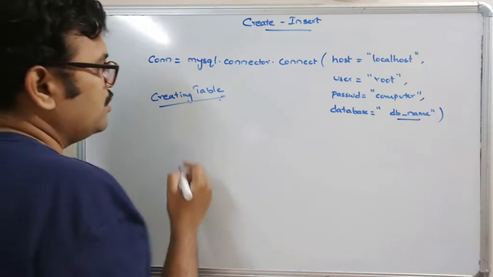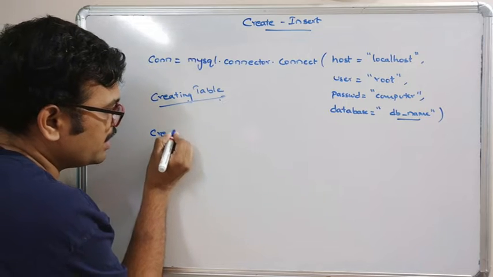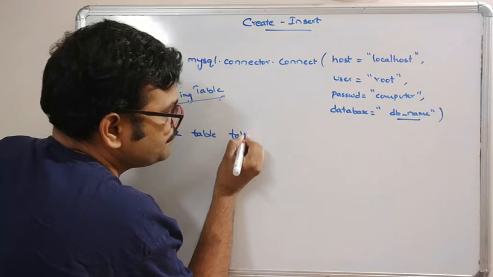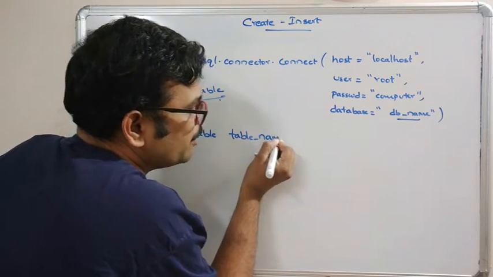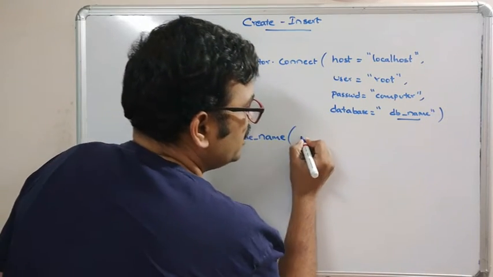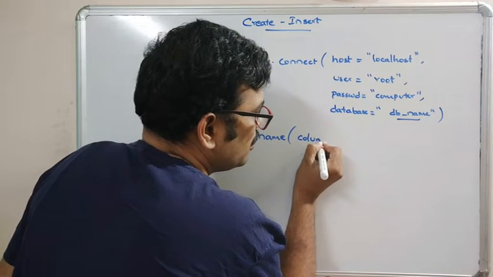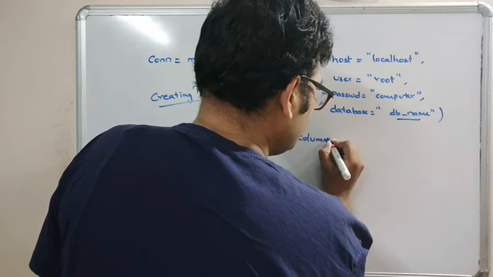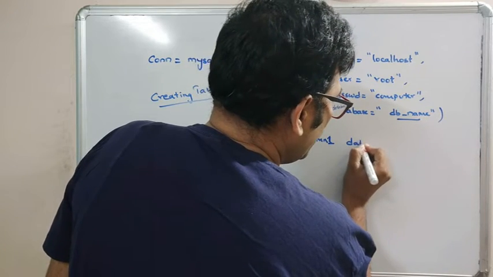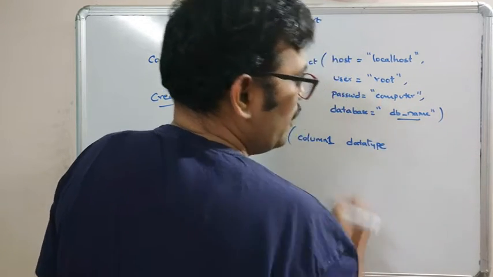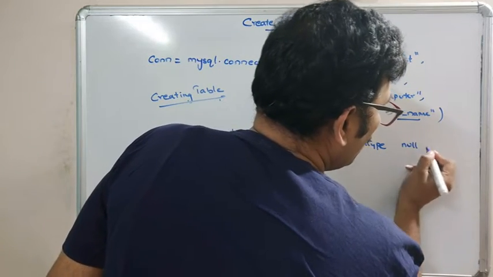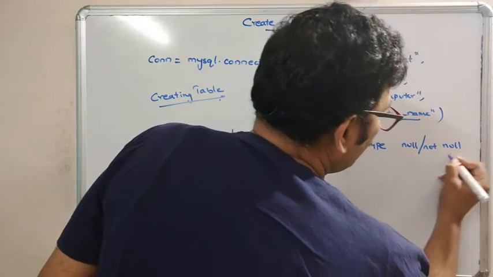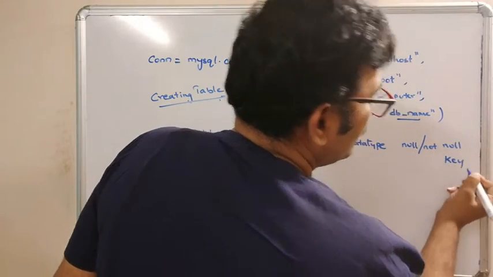The syntax is create table, then the table name should be given here. Then column 1, data type, null or not null, followed by key, comma.